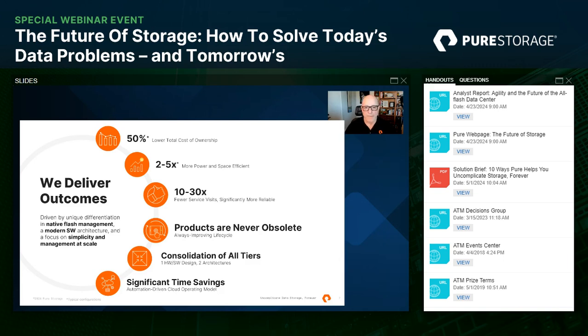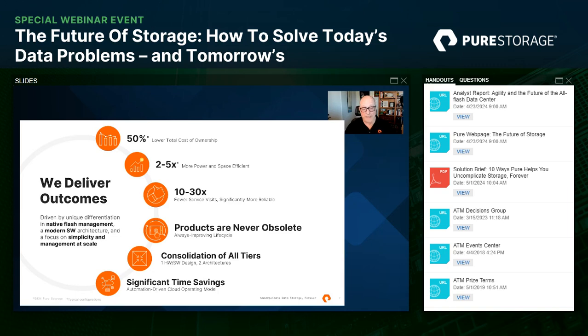And what this delivers to those people who have moved to Pure Storage is a whole raft of different benefits and outcomes. First of all, right off the top, that simplified architecture, the fact that you don't have to rebuy your storage every few years, significantly lowers the total cost of ownership.